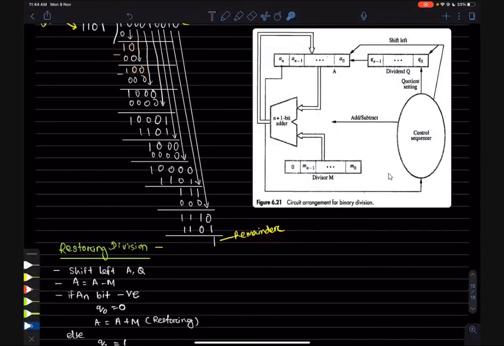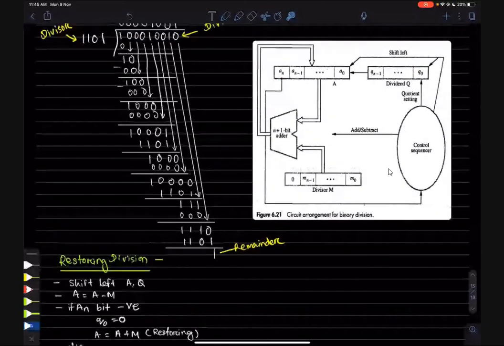But here we are getting a negative value. Negative value means obviously the A bit will be 1. 1 means negative, 0 means positive, I think you remember. So we always get a 1 here whenever it is negative. If it is negative, then set q0 equal to 0.